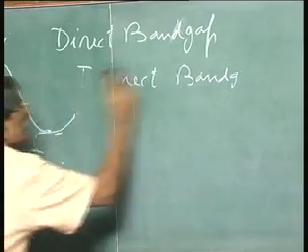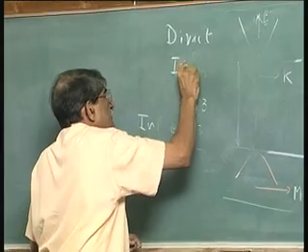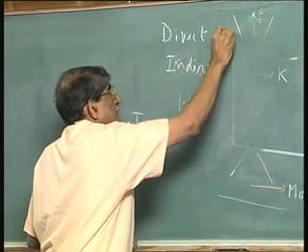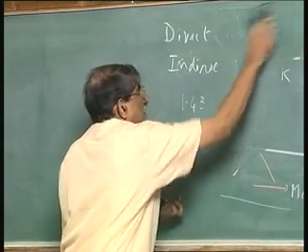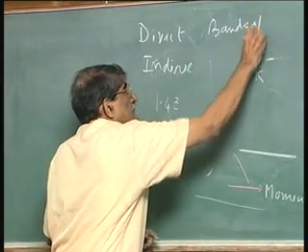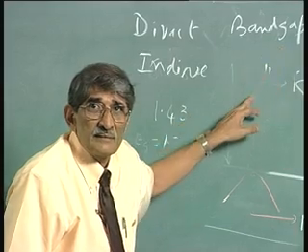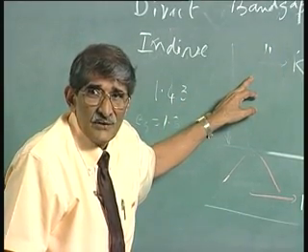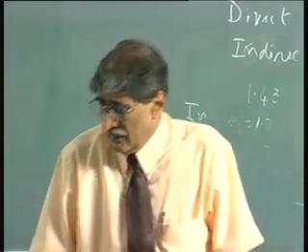Direct band gap and indirect band gap materials. This is gallium arsenide, indium phosphide, this is silicon and germanium. Okay. So, you have got two varieties, that is what I depicted there when we showed it.